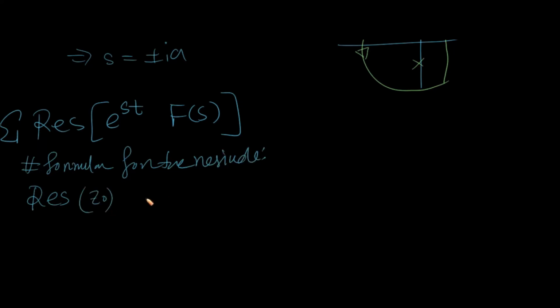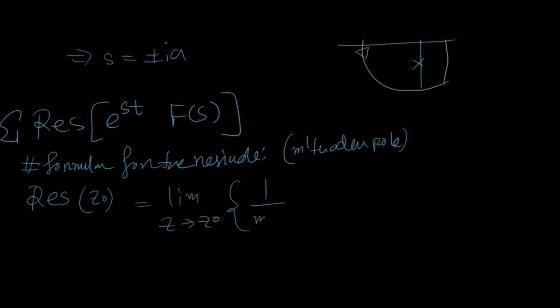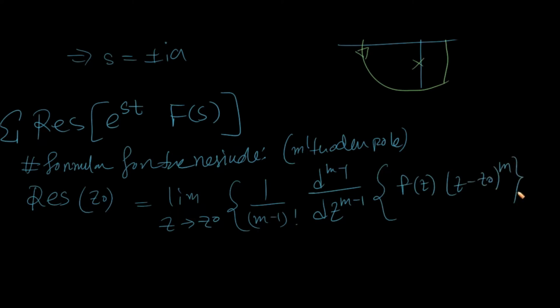For some isolated singularity z0 with an mth order pole, this is written as the limit as z goes to z0 of 1 by m minus 1 factorial times d to the m minus 1 by dz to the m minus 1 of z minus z0 to the m times the function. Sorry, since we are using z, this shouldn't be s, this should be z. So this was the formula, and using this formula we are going to calculate the residue.